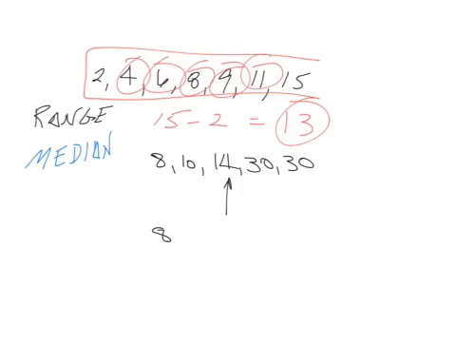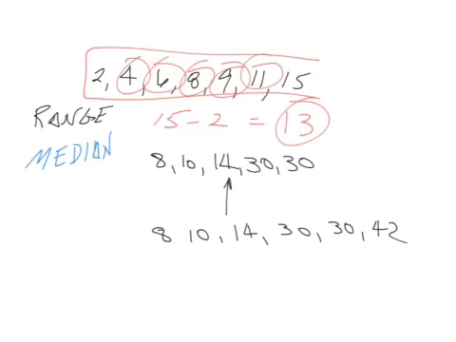Alright, if I had these numbers, and again, one of the things that's important is they're listed here from smallest to largest. So smallest to largest, they have to be rearranged so that they're in that order. If they're not from smallest to largest, you're going to get the wrong answer. So do that first. Here I have 6 numbers.